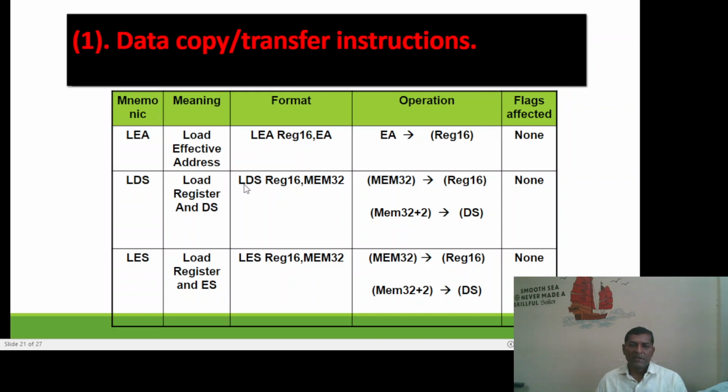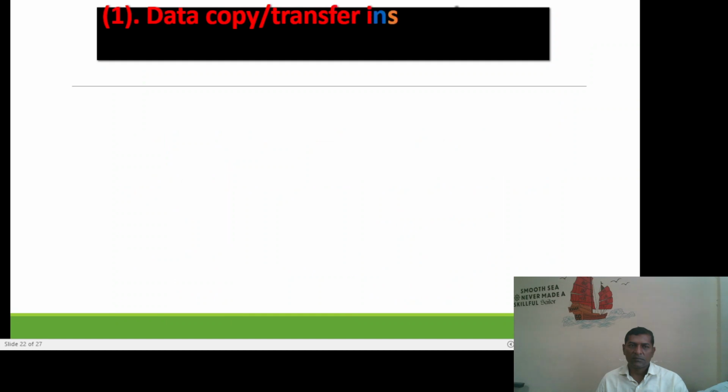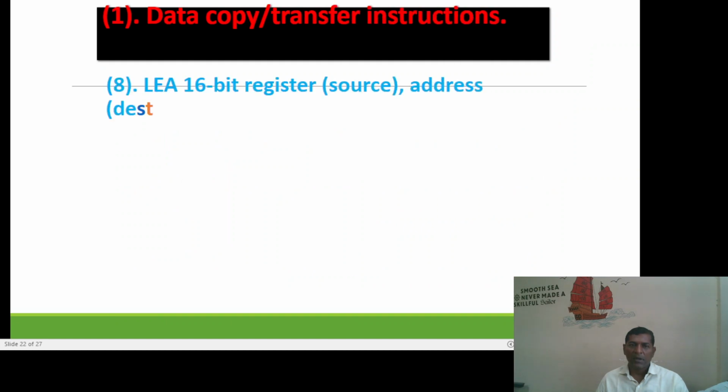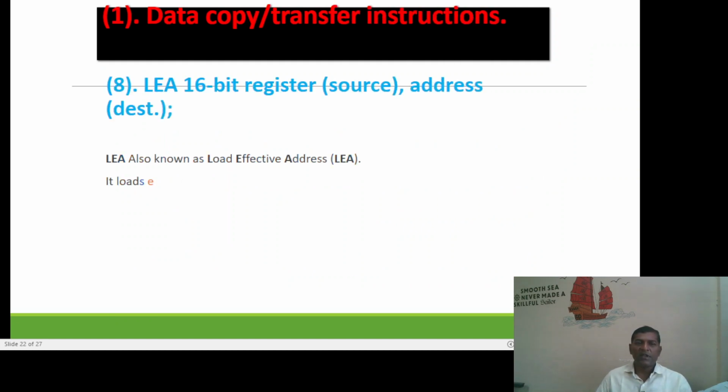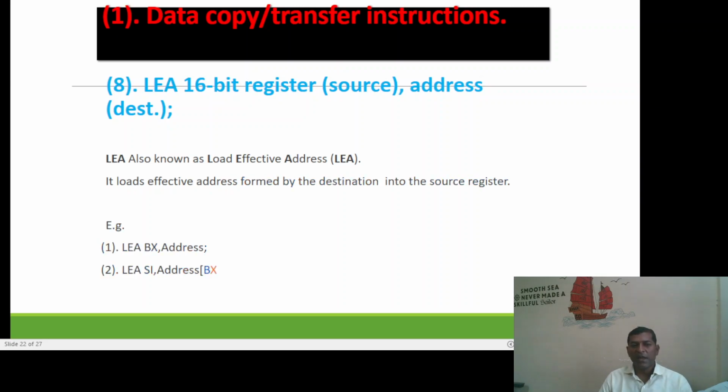So LDS takes a 16-bit register and a memory address, whereas LES works the same way. We have the memory address from where the register will be loaded. LEA takes a 16-bit register and a source address.